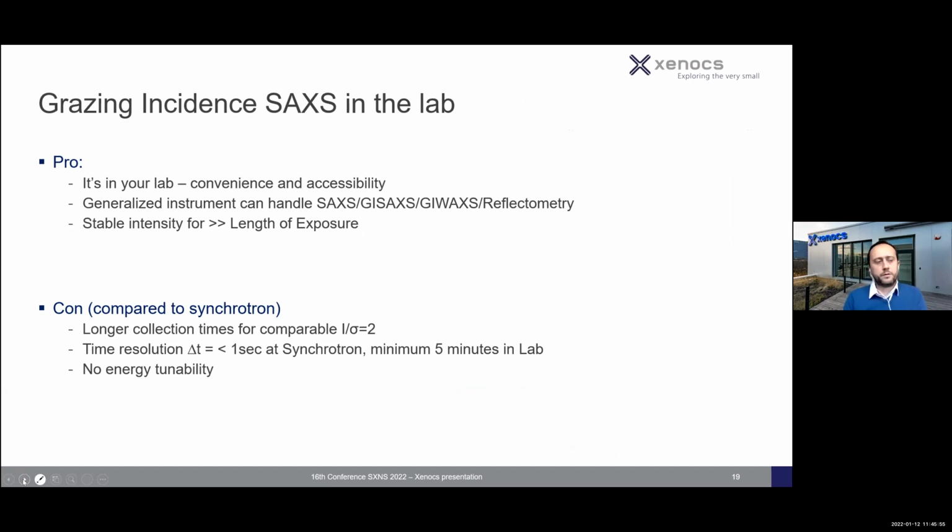We can have rather short measuring times, depending on the contrast of the samples, down to around 5 minutes for GSAX. As you have seen, these instruments can now handle SAX, GSAX, GWAX, and reflectometry, with automatic change of measuring configurations. And with that, I end my presentation, and I would like to thank you for your attention.